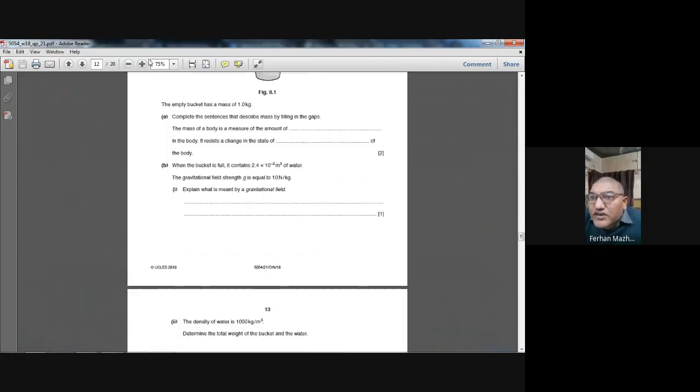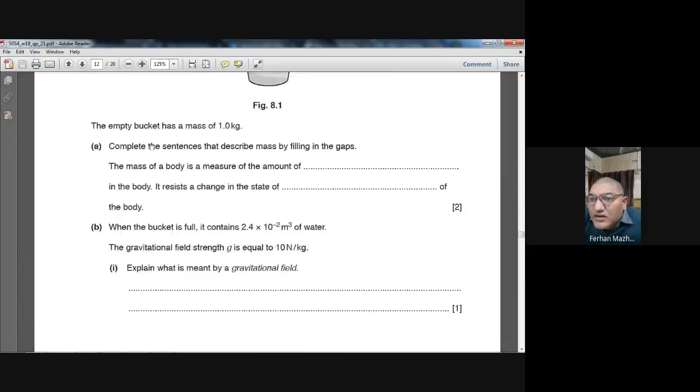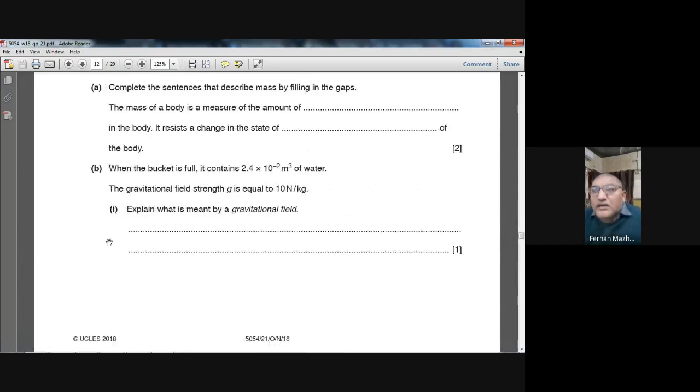The next question is, when the bucket is full, it contains 2.4 × 10^-2 m³ of water. The gravitational field strength g is equal to 10 N/kg. Explain what is meant by a gravitational field.